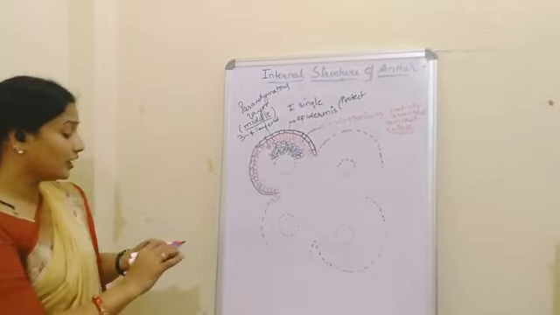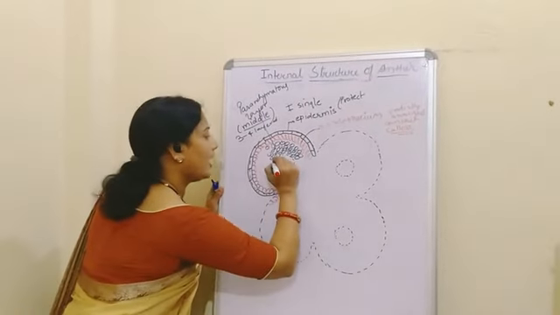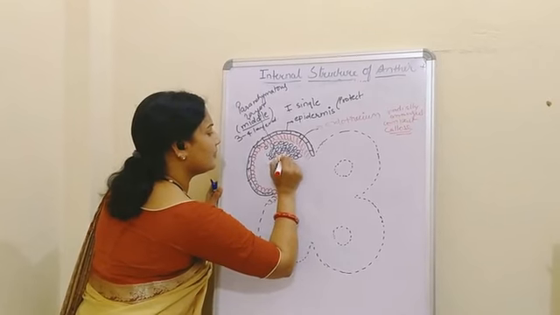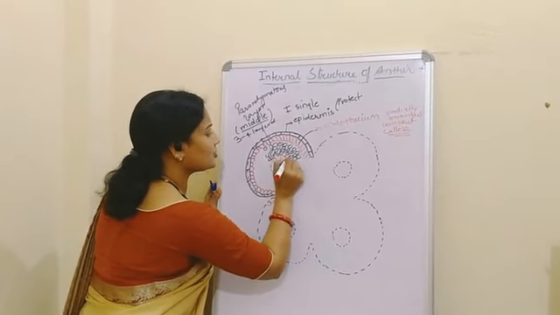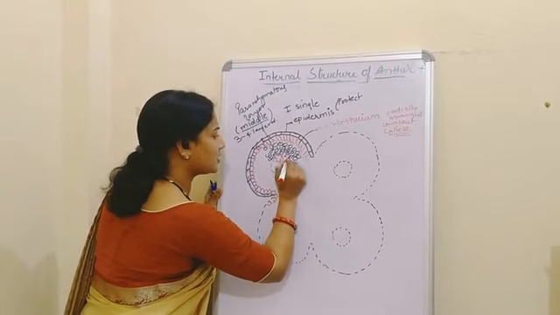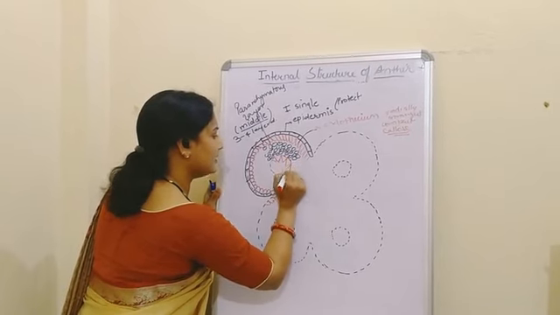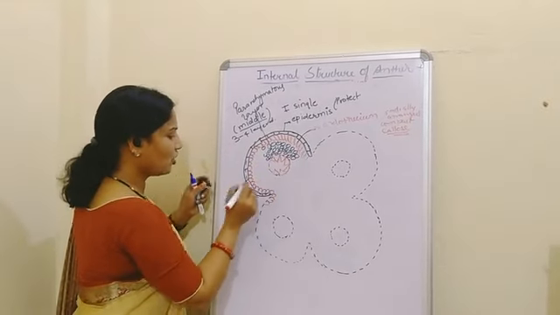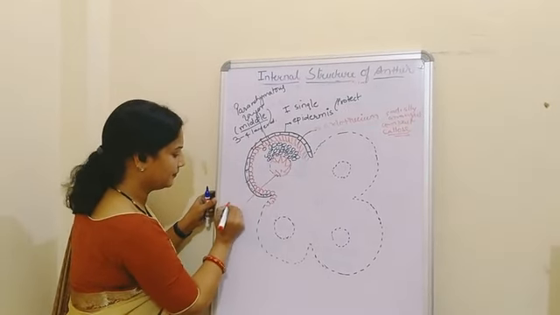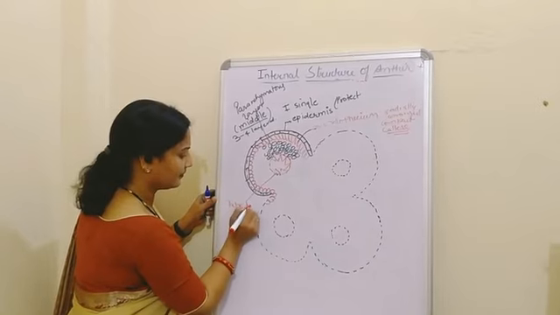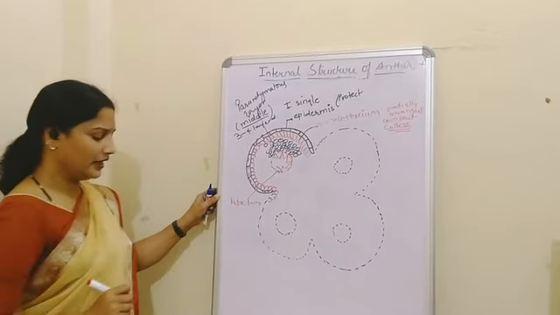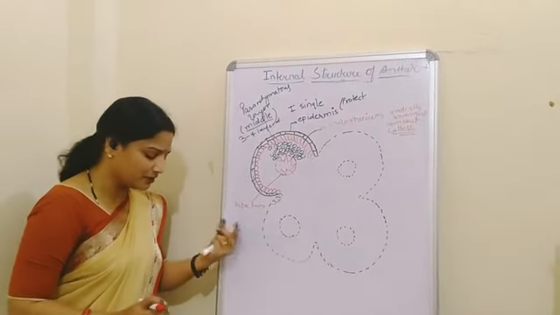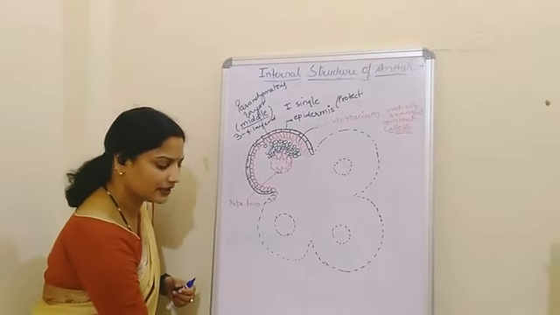Now we come to the fourth layer, and the fourth layer is a very special layer. It consists of a pyramid shaped structure like this, and it is called the tapetum. Okay, this is a pyramid shaped structure, a very special structure called the tapetum.